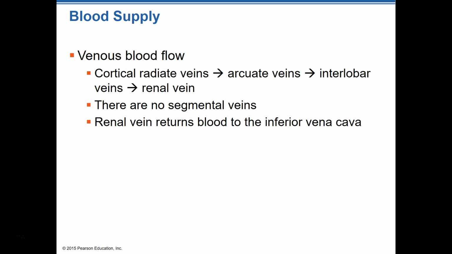So just a little bit more of terminology, but don't sweat that terminology. I'm not going to get off into the weeds and be asking you questions about how those break down. And then the veins do just the opposite. They come in from these radiate veins and arcuate veins and interlobar veins into a renal vein that returns back into the inferior vena cava, that returns it back to the heart.